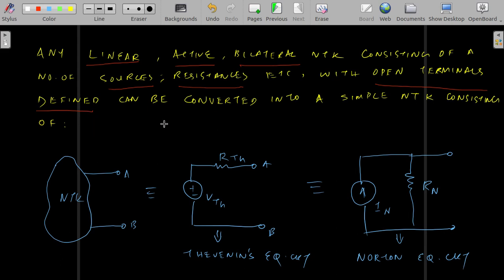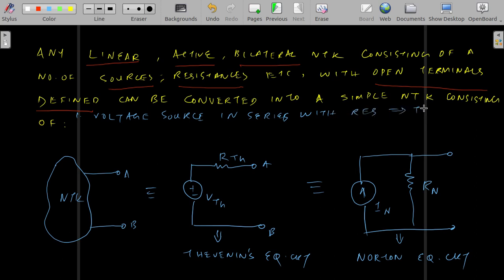So this can be converted into a simple network consisting of a voltage source in series with resistance.